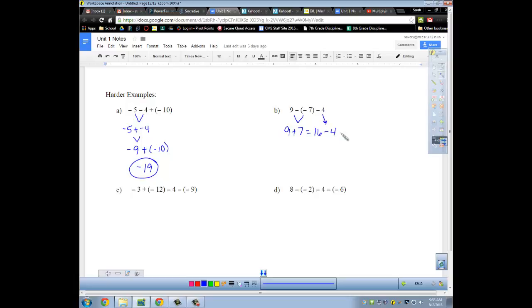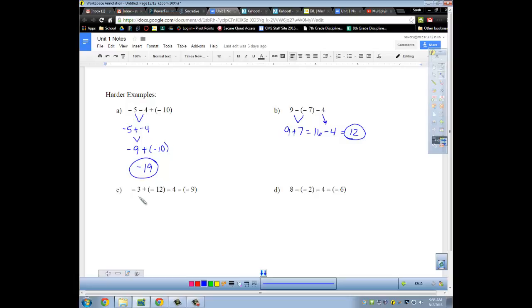Now, even though that's subtraction, I want you to actually think about the problem at each step. Think, can I do 16 minus 4 without changing anything? Yes. 16 minus 4 is just 12. So don't overthink things. Don't change things if you don't need to. We only want to change the subtraction if a negative is involved or if your second number is bigger.